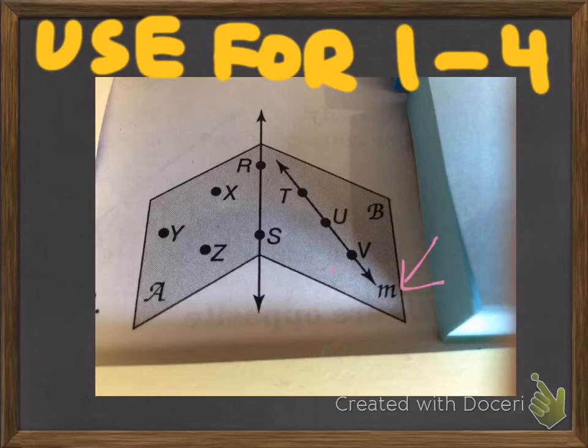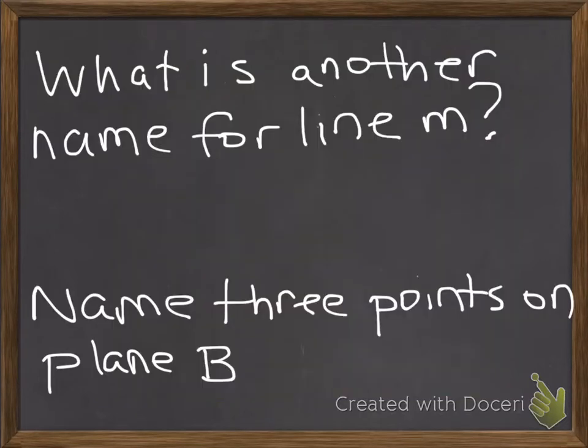You have U, you have V, and you have T. So that means any 2 points can be combined there to name line M. So you could do just the first 2 points, T, U, something like that. And when you're naming a line, the line symbol has a line over top, the 2 letters with 2 arrows pointing in opposite directions. So that's how you'd label it.